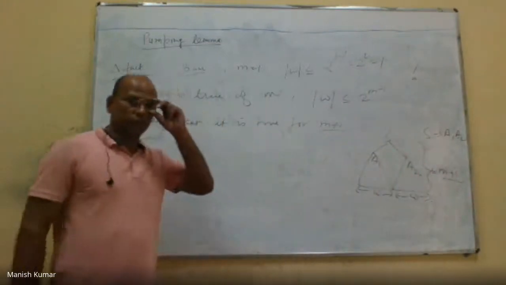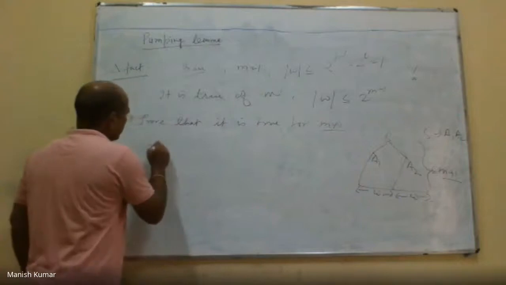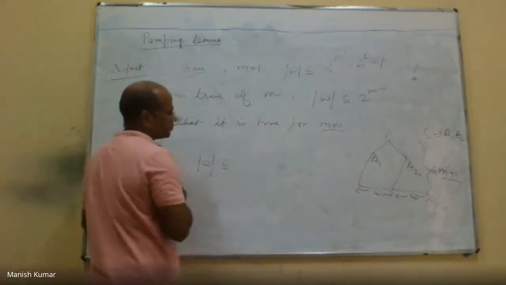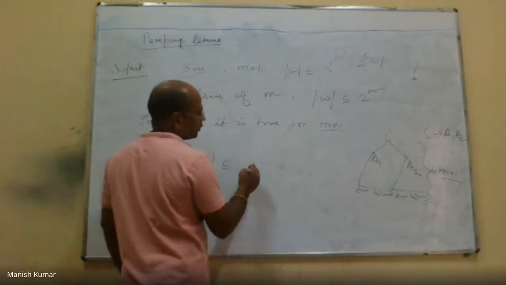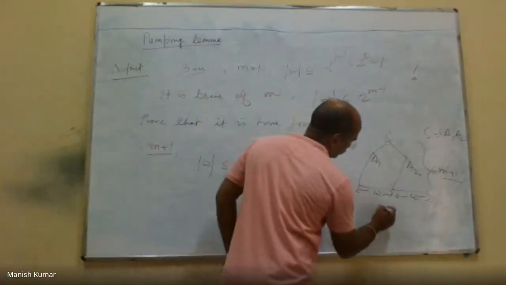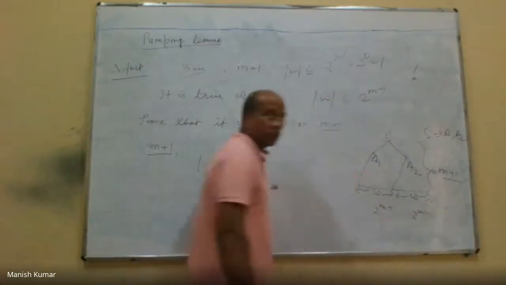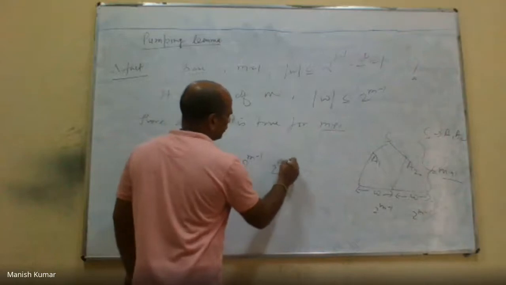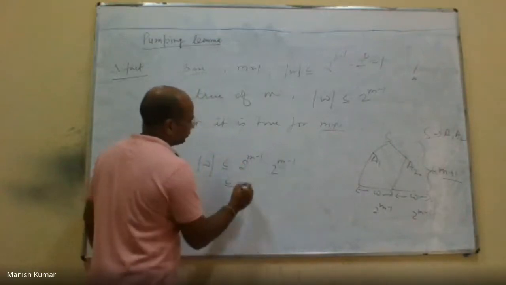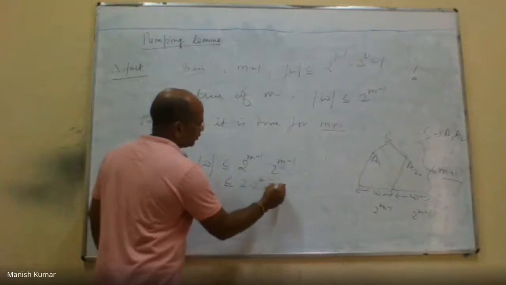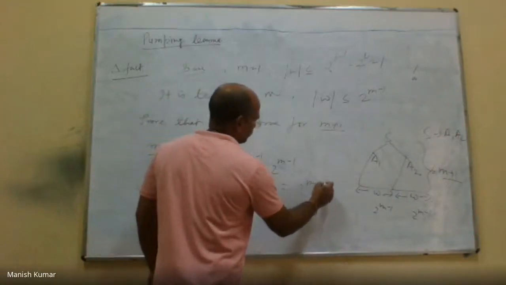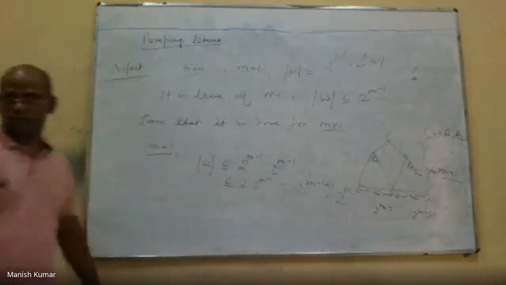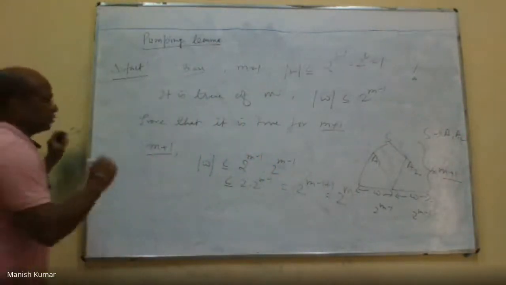So for m plus 1, w is 2 to the power m minus 1 plus 2 to the power m minus 1, which is twice 2 to the power m minus 1, nothing but 2 to the power m.